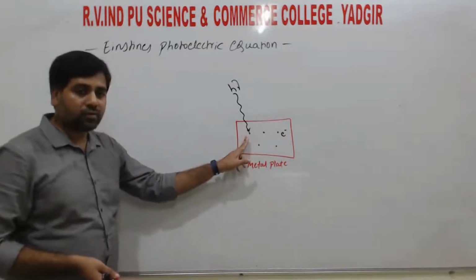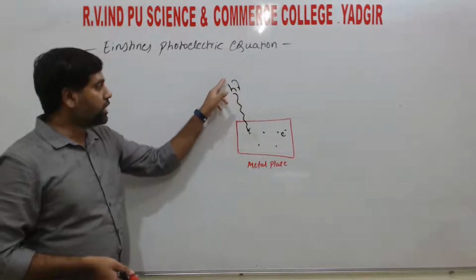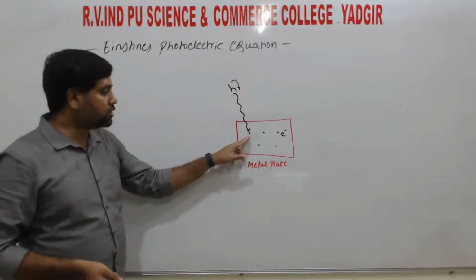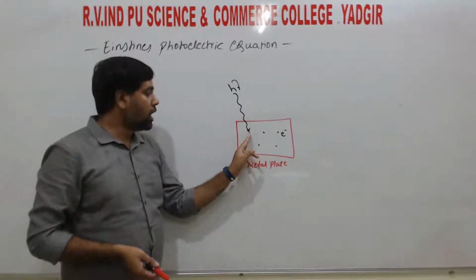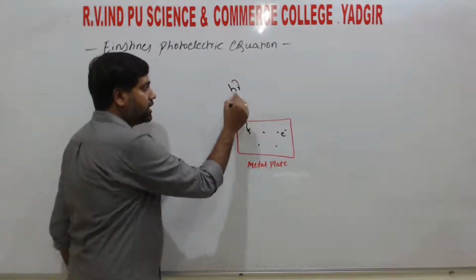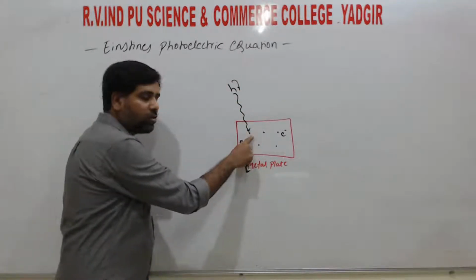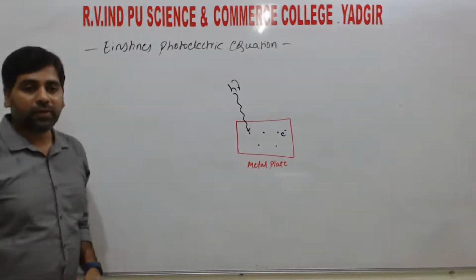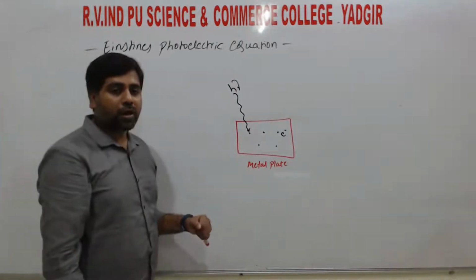So here also the same will happen. The energy of the incident quanta, that is h nu, falls onto the metal surface and the electron absorbs the energy, right? Out of this energy, some part of the energy is absorbed by the electron to escape out from this metal surface. That one we call the work function.